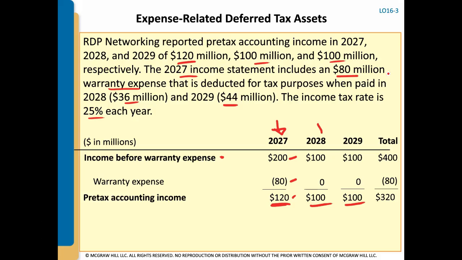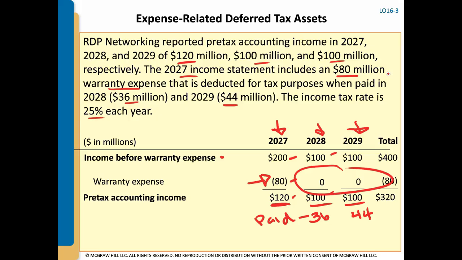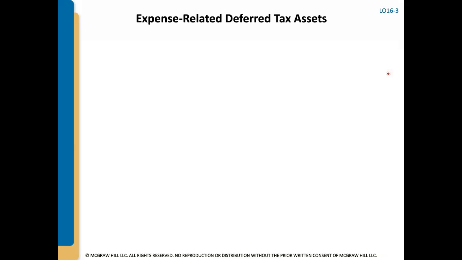And then for 2028 and 2029, there was no warranty expense recorded, so the income before warranty expense and after warranty expense is the same, and it's 100 million in each of those years. This is when $36 million and $44 million was paid in those years. But that's not being taken as an expense for financial reporting because the full 80 million was already expensed in 2027.